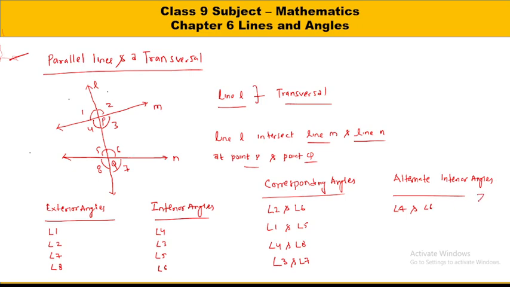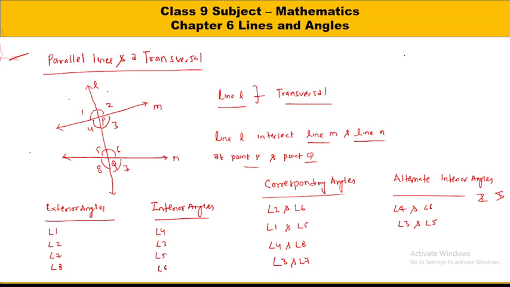It makes a Z in this way. So these angles are a pair of alternate angles. Similarly, we are having here angle 3 and angle 5 as alternate interior angles.